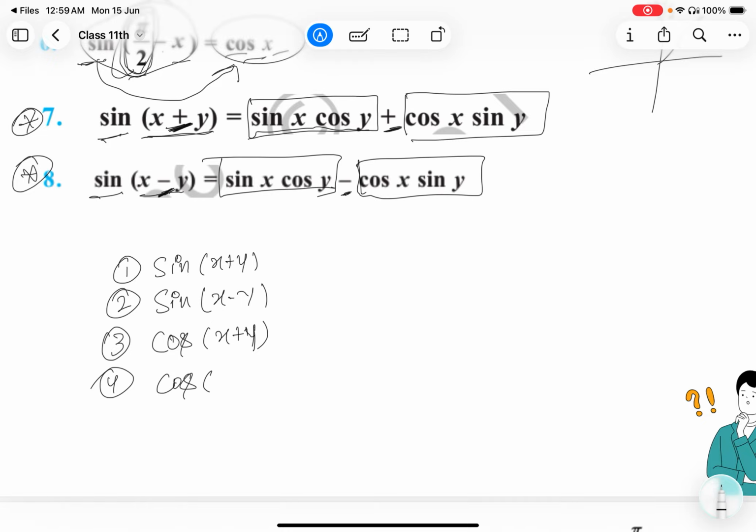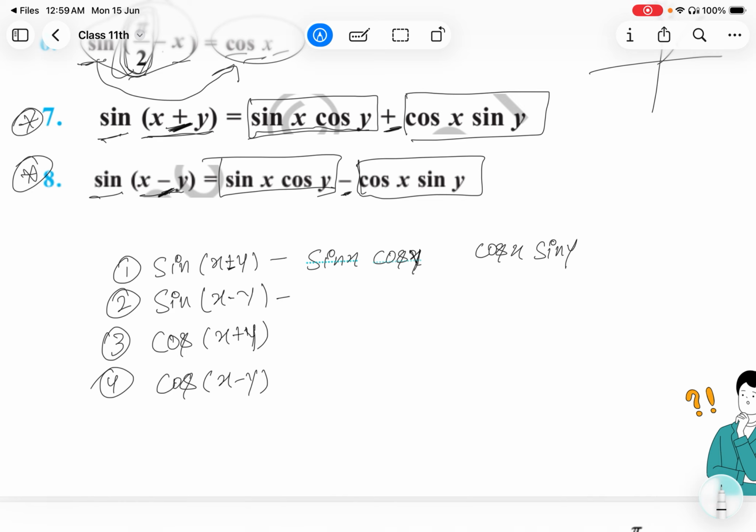If there is addition or difference in sine, then it will be like sin x cos y, then cos x sin y.